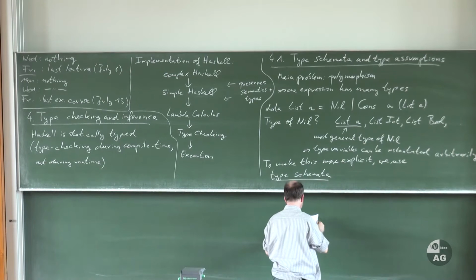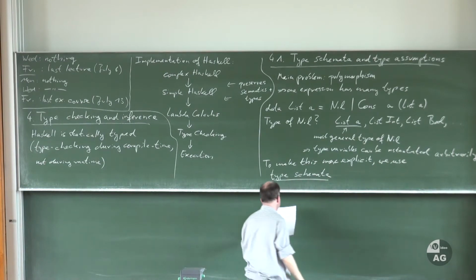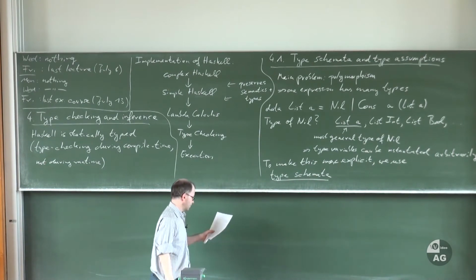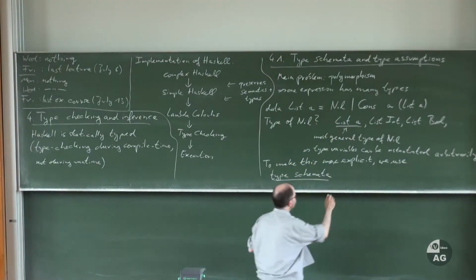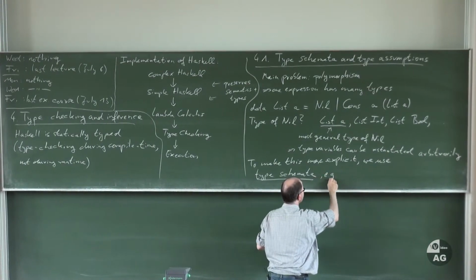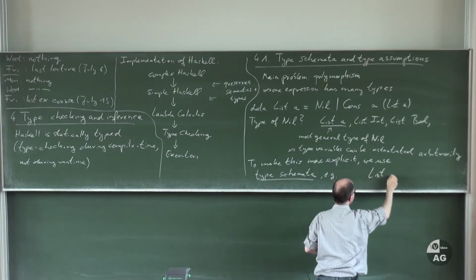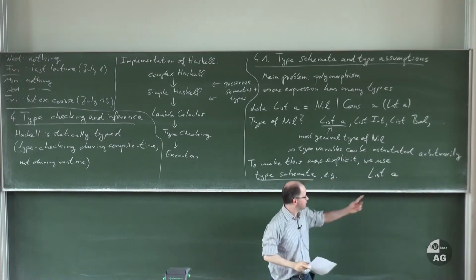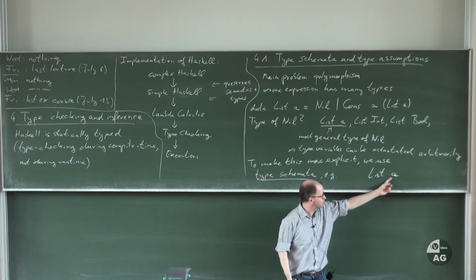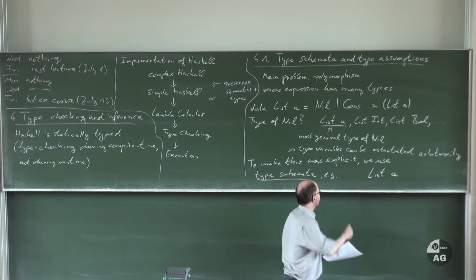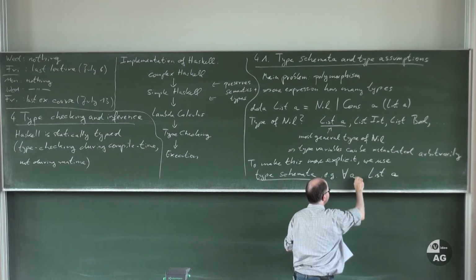The type schema for nil would be list A, but we want to make explicit that this A can be instantiated in an arbitrary way, and therefore we add this quantifier in front.